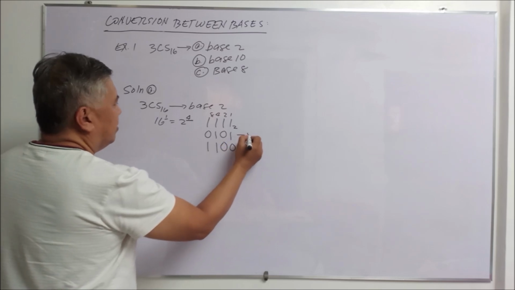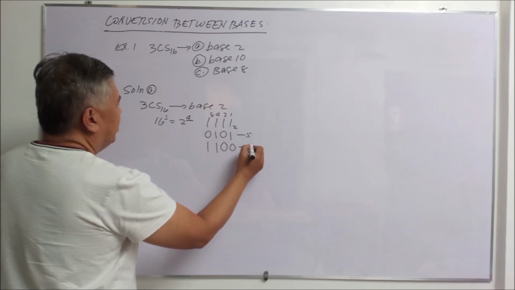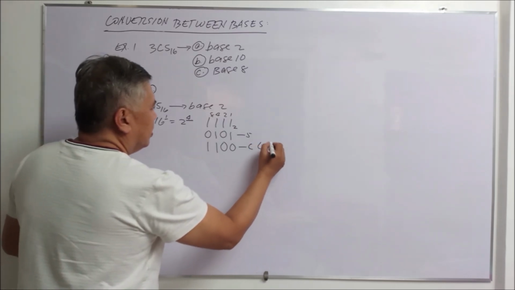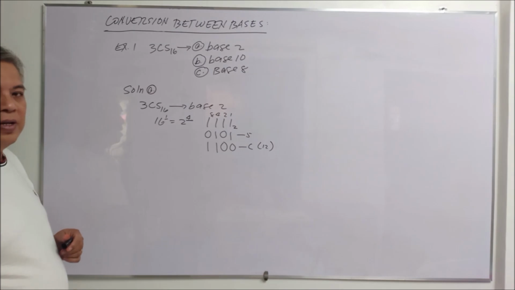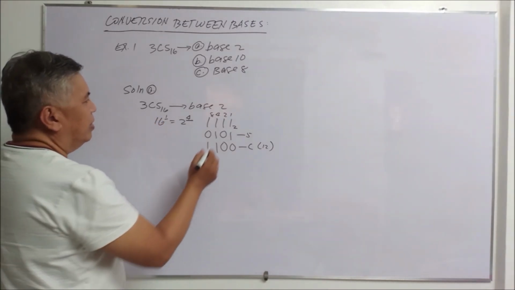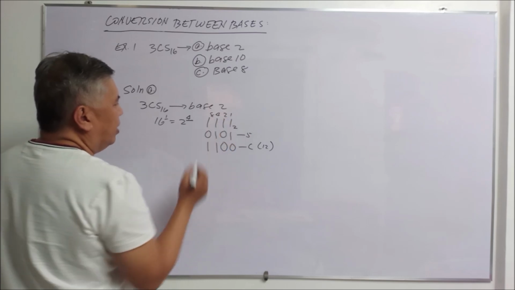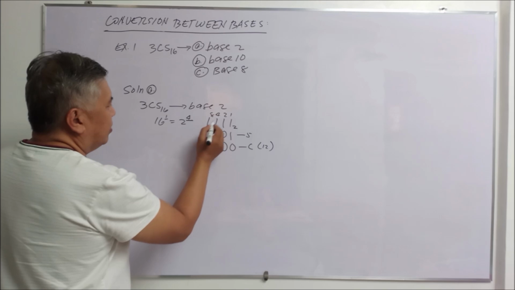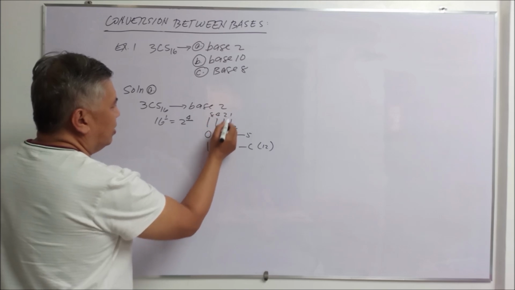So again, this is 5, and this one here is C, or 12 in decimal. Okay? And then you have 3. So where's 3 here? 2 and 1 is 3. So, you make this one here 0, 0, then this is 1 and 1.